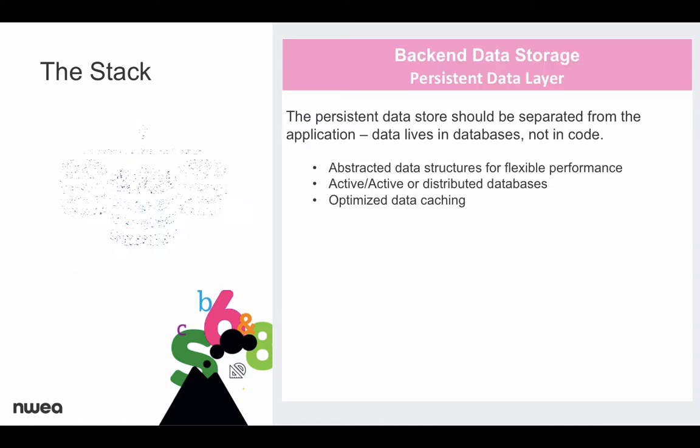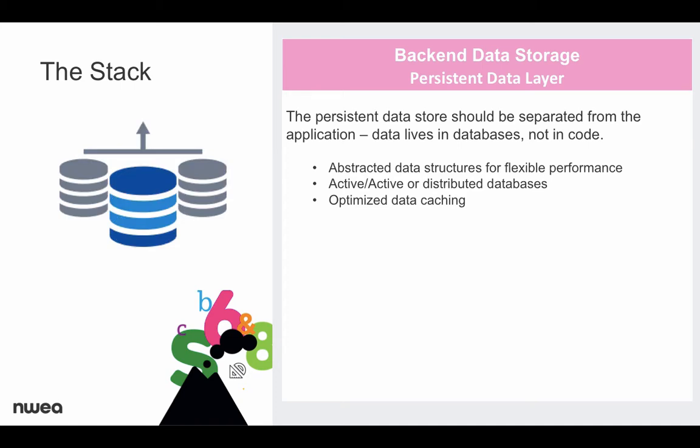Now, the data itself, we're getting into something even more rigid. So we have specific rules around how to build APIs in the previous step. Now we have very rigid data structures that should be optimized for flexibility of accessing that data. So those API resources that we're building don't really care specifically about the data structures.